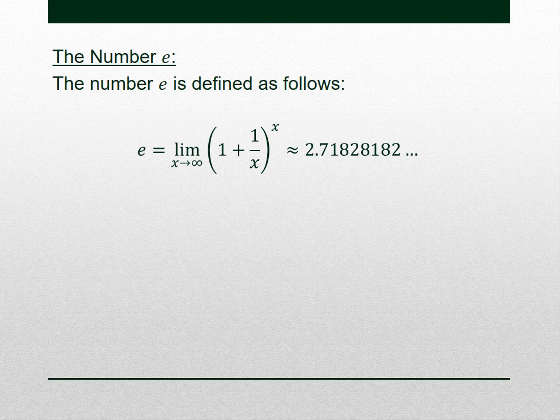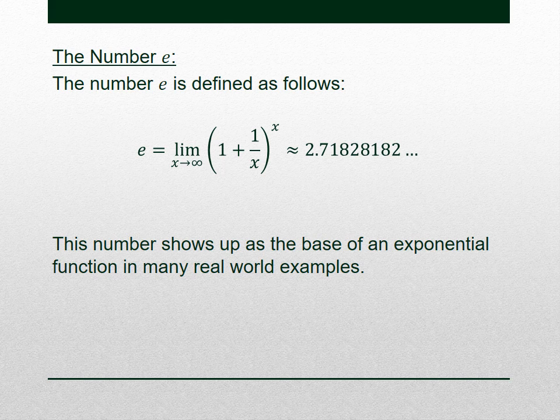That's where this comes from. It's really popular in a lot of applications. It shows up a lot as the base of an exponential, so we'll look at things like e to the x, and other things that look like that.